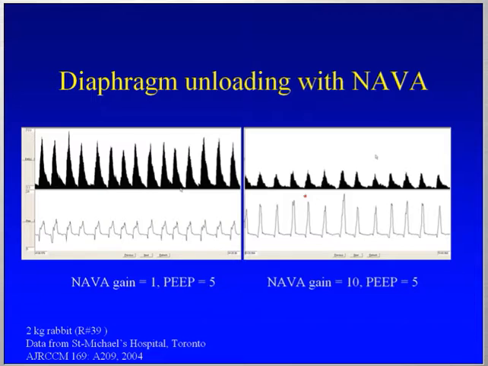An interesting thing, in relation to Theo's talk, is that you can increase NAVA gain, but you will always have maintained synchrony, and inherent to the mode of NAVA, you will always have some degree of diaphragm activation in this mode.